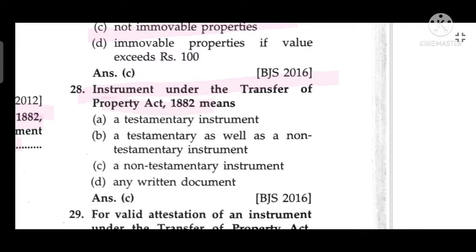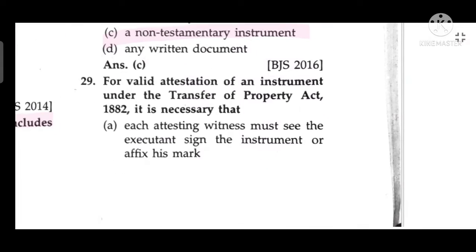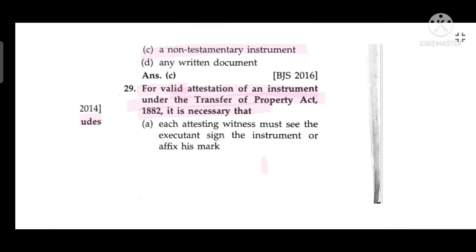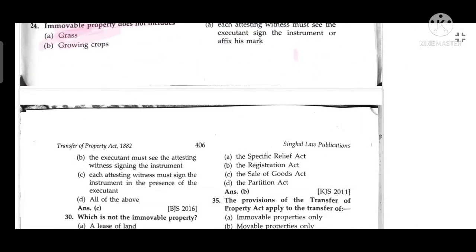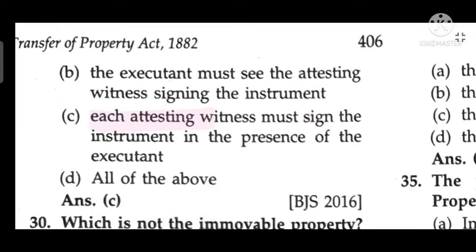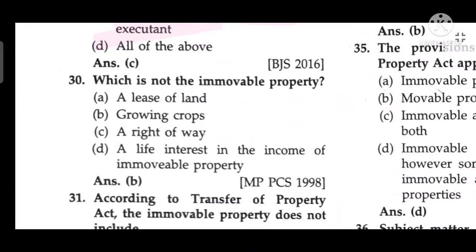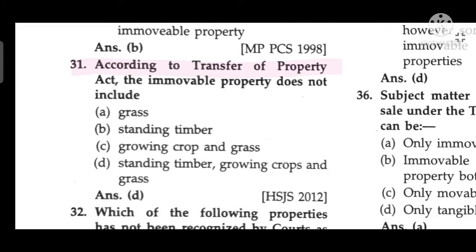For a valid attestation of an instrument under the Act, it is necessary that each attesting witness must sign the instrument in the presence of the executant. Which is not immovable property? Growing crops. According to the Act, immovable property does not include standing timber, growing crops, and grass.